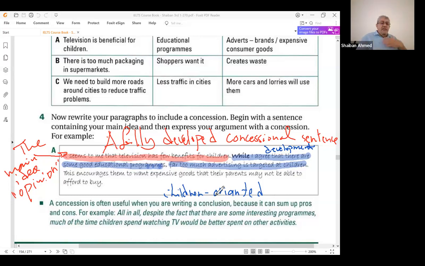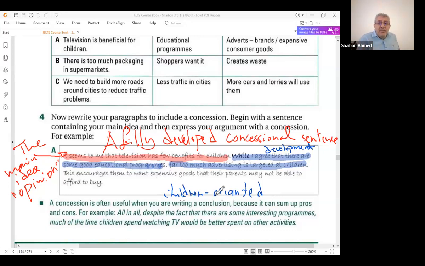Then position: I think TV has some few benefits. What do you mean by this? Explanation: while I agree that there are some good education programs, far too much advertising is targeted at children.